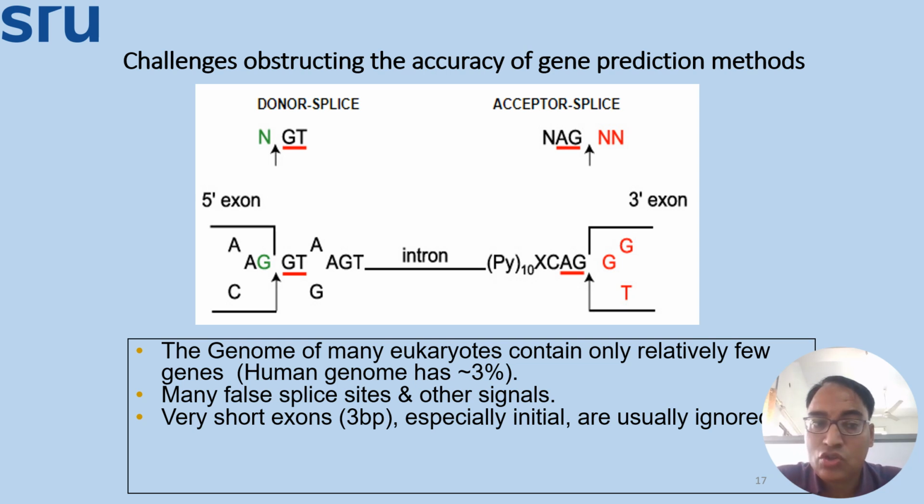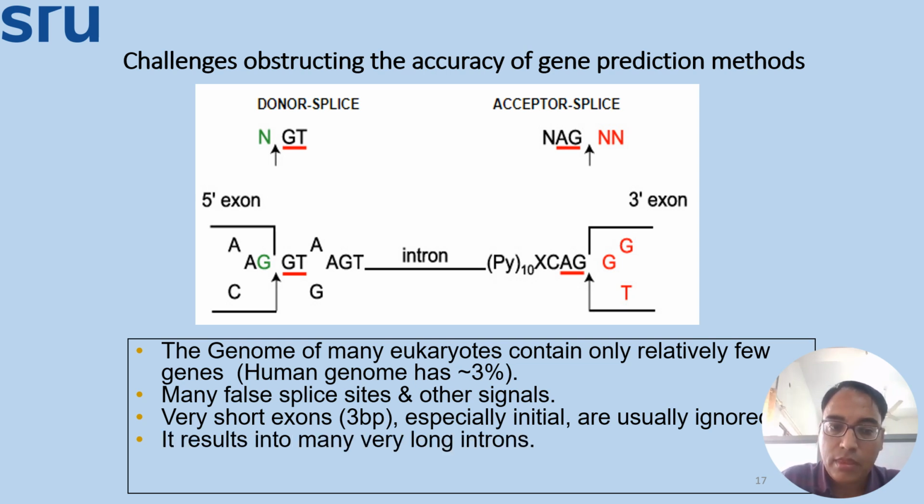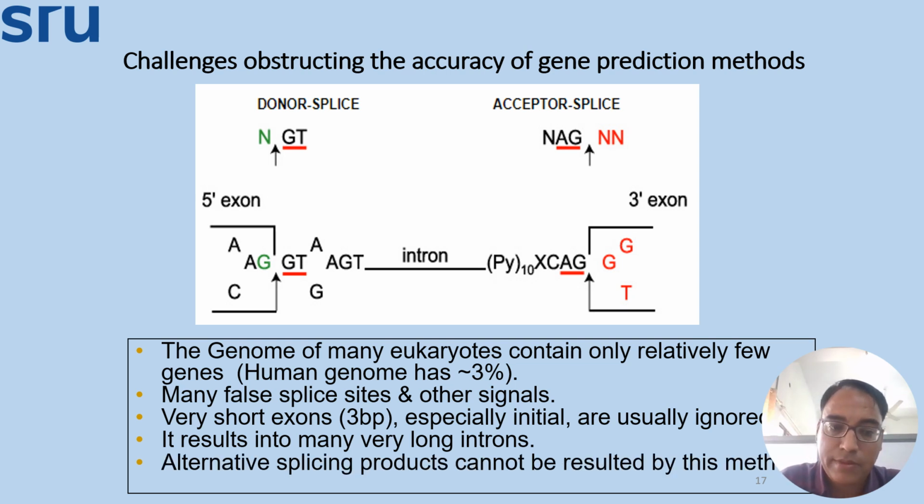Very short exons are also a problem: if an exon is only 3 bases, it becomes difficult to recognize, so many times gene prediction tools ignore them, but this decreases accuracy. It also results in many very long introns, which is not correct. Alternative splicing products cannot be resulted by this method; it's really difficult to recognize because you cannot find out which exons will be combined together into a protein.